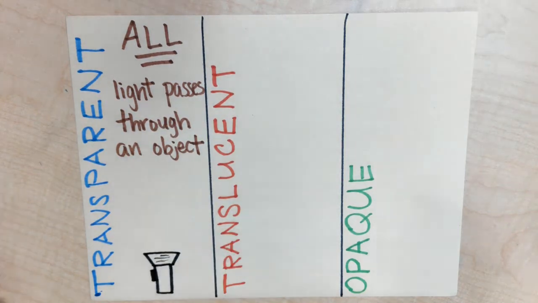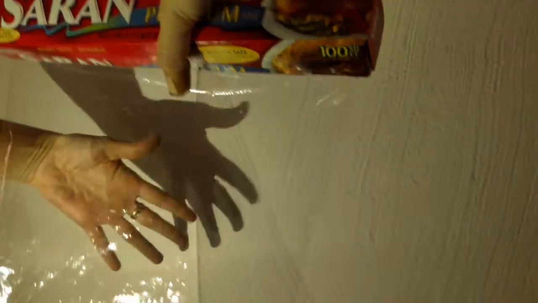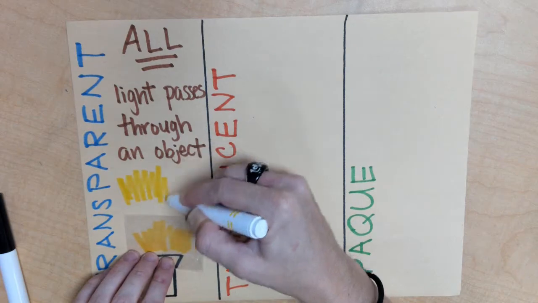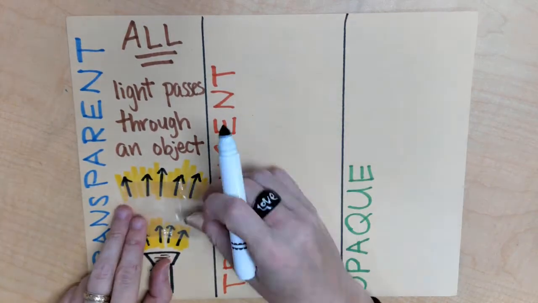When an object is transparent, that means all the light passes through it. So if you're shining a flashlight at an object like saran wrap or clear tape, you're going to see all that light shining through.